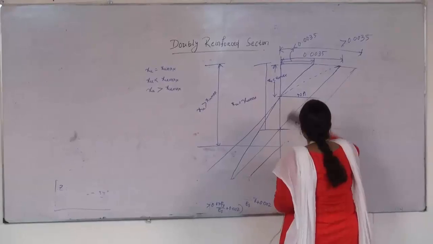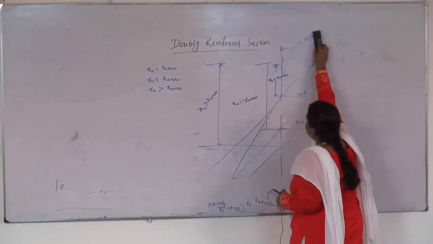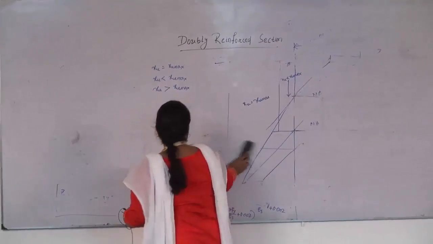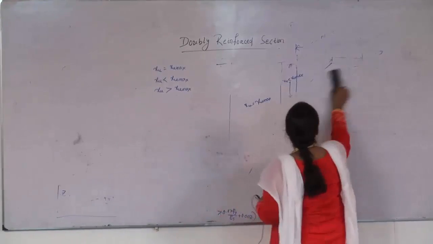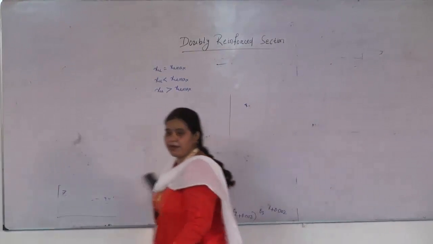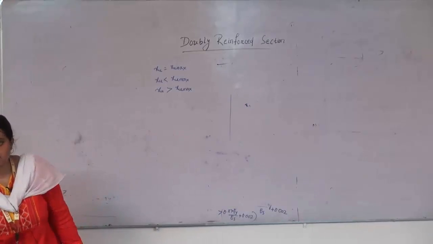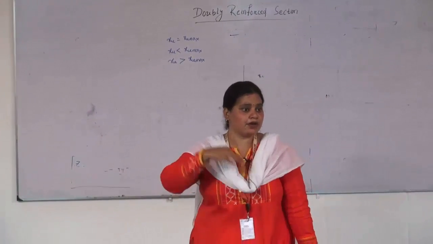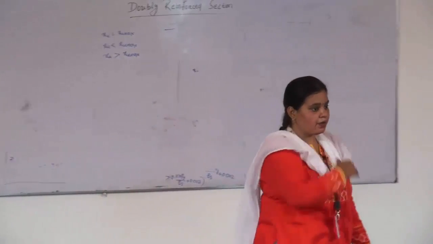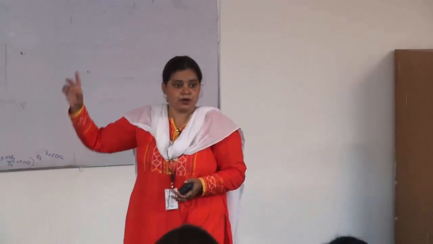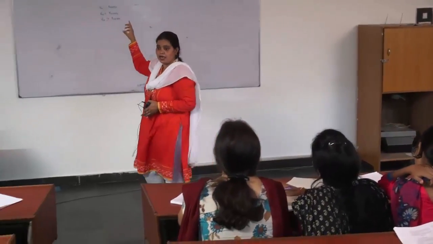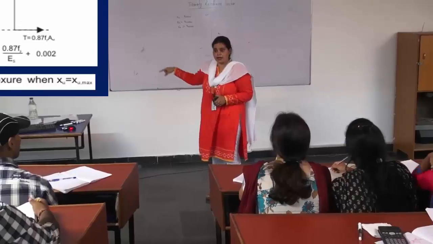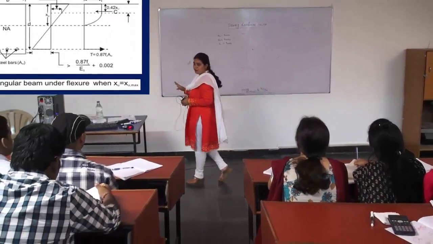In the analysis part, first we find out the moment of resistance of the singly reinforced section, that is Mu1 equal to Mu limit. Then we are going to find out Mu2 due to the stress in concrete and steel, Asc and Ast2. Then total moment of resistance.